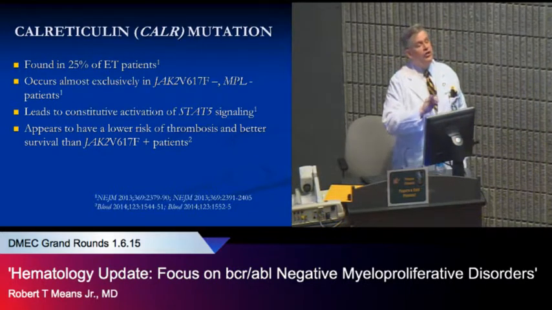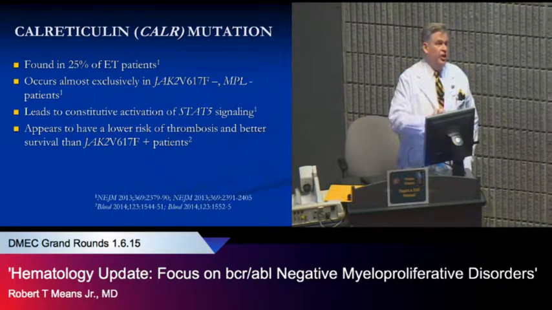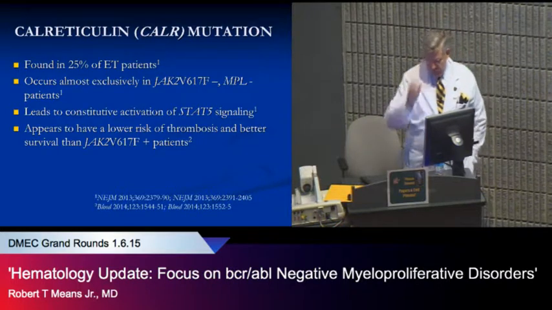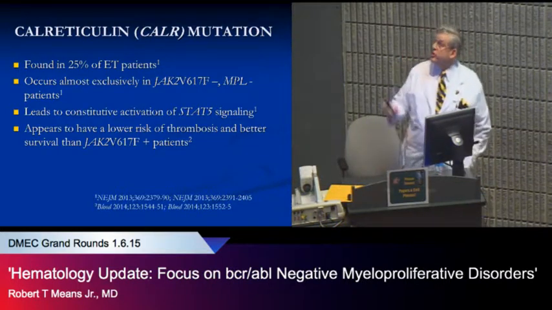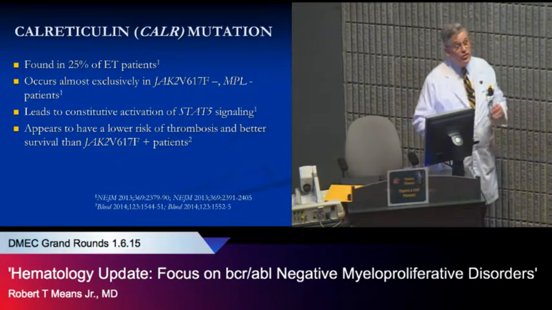But in general, if you are calreticulin positive, you have a lower risk of having thrombosis, and it puts you into a better prognostic category. The calreticulin test is available commercially.